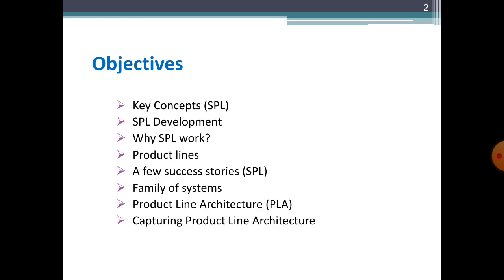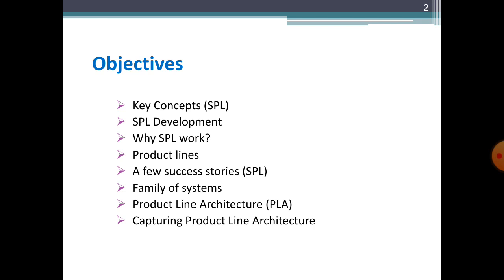So students, this lecture number 29 is also a continuation of the reusability approach named software product line. Now in this lecture we will see the key concepts of software product line as product line development, and why software product line works. Then we will see different product lines with the help of some examples.